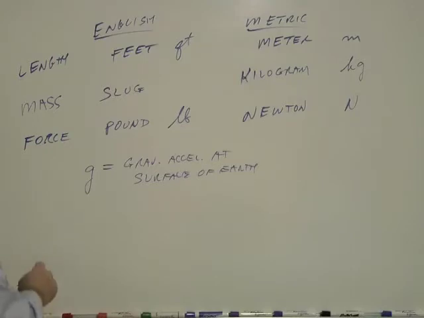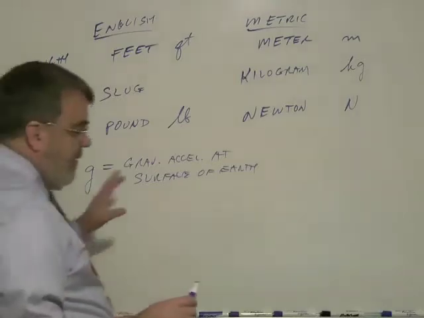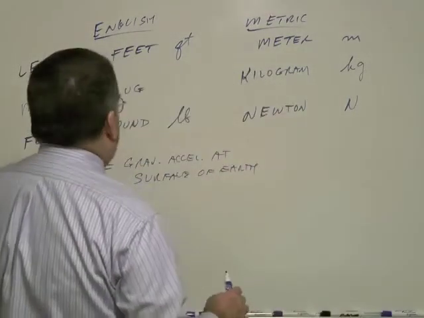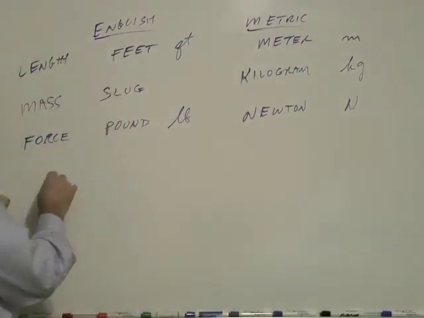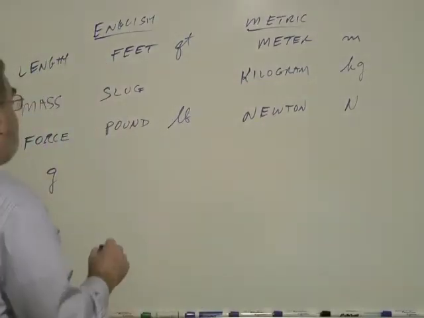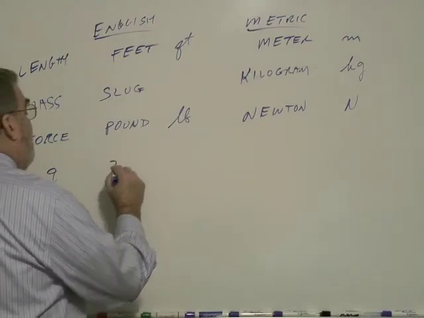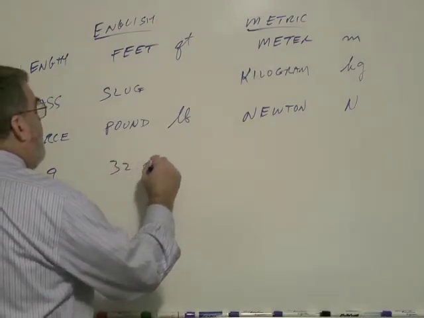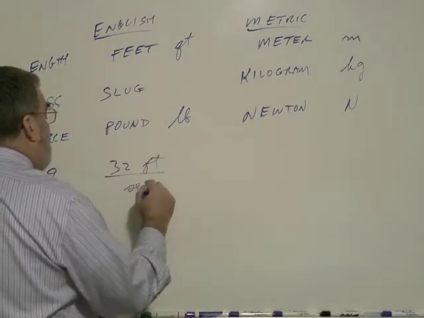And in the English system, g is going to be 32 feet per second squared.